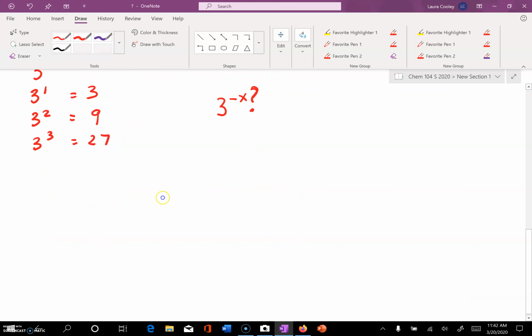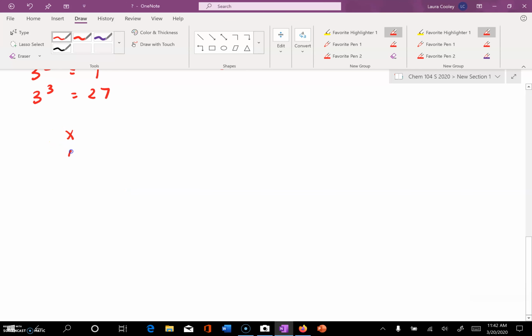So let's think about that, all right? So 3 to the minus x, that function is going to decay very rapidly. So let's do the same sort of thing. Let's look at x being 0, 1, 2, or 3. So minus x is 0, minus 1, minus 2, minus 3.